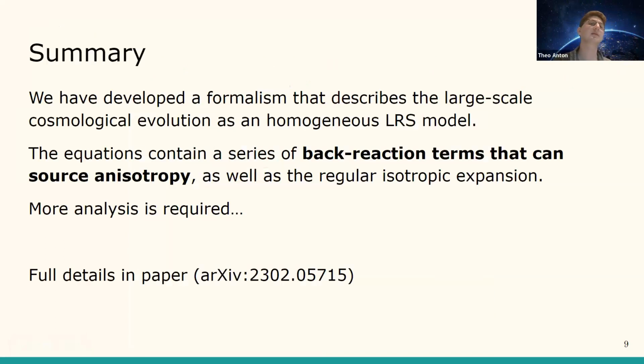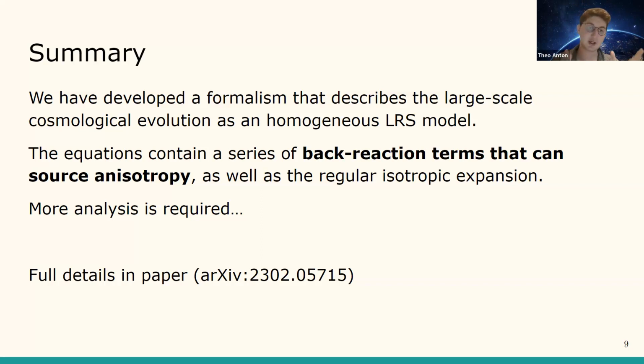In summary, what have we done? Well, we're interested in describing a cosmological model that has an anisotropy on large scales. So we've chosen the homogeneous, locally rotationally symmetric cosmologies as an appropriate model for the universe on large scales. And what we found is that when you study that large scale evolution, it is sourced by a series of back reaction types.